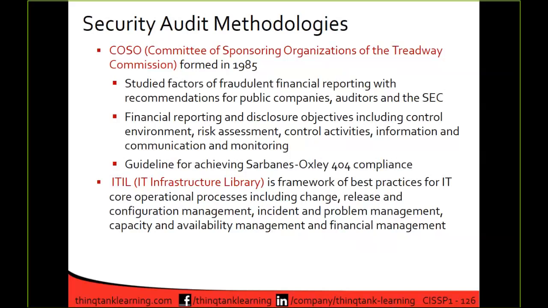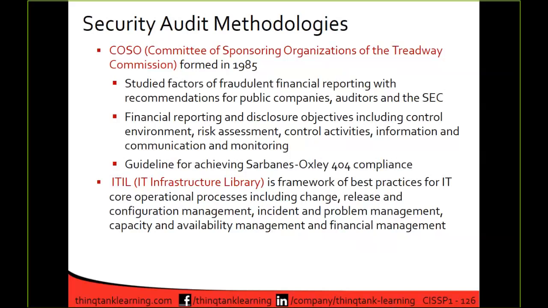But COSO was formed in 1985, and it was sponsored by the National Commission for Fraudulent Financial Reporting, what we more commonly refer to as the Treadway Commission. And like I said, it's those five individual organizations that offer input.